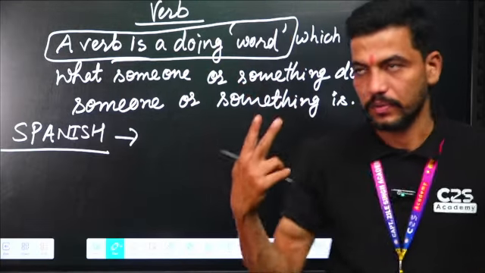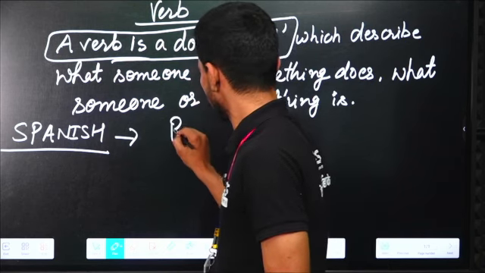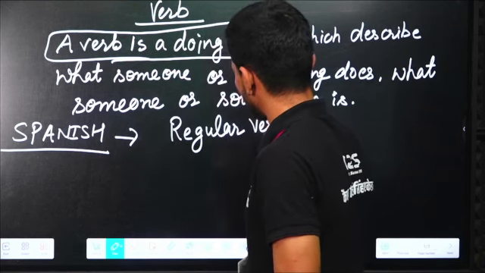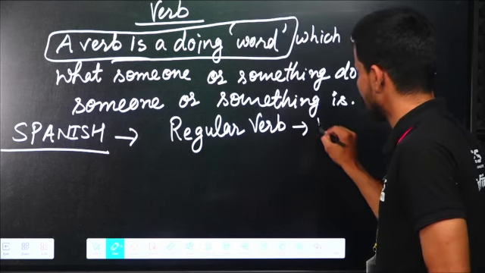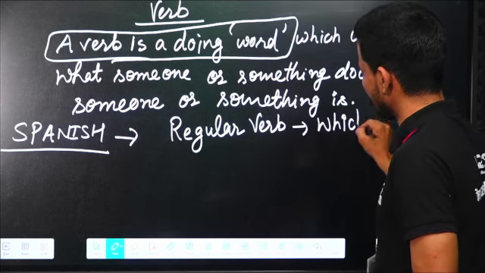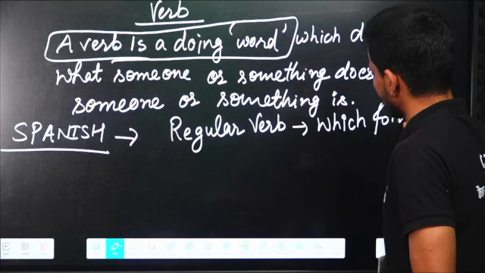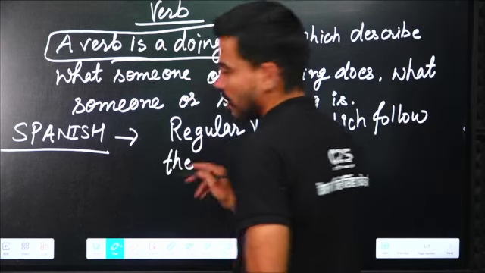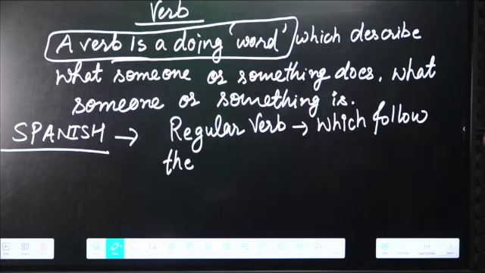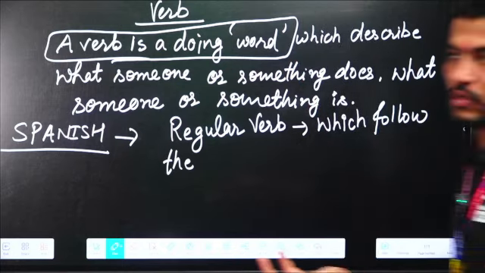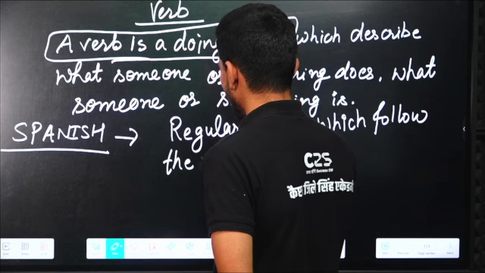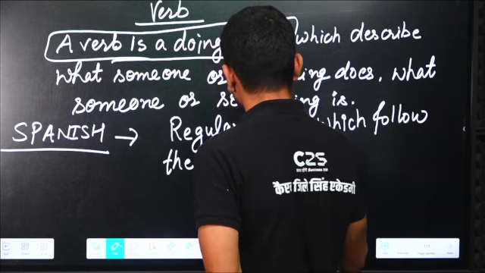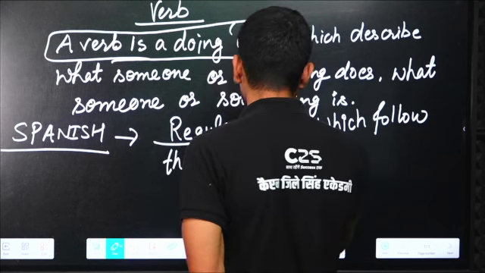First is regular verb. Regular verbs are the verbs which follow the common rule, or you can say which follow the normal rules. So these are the regular verbs.